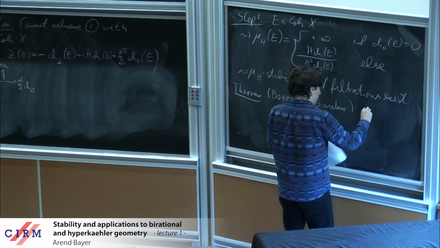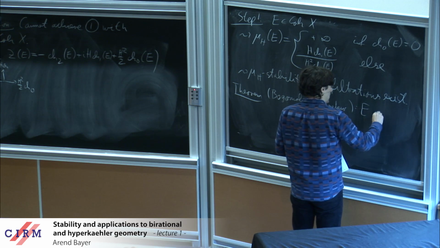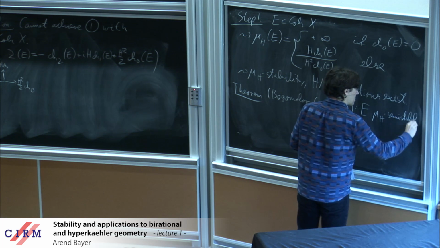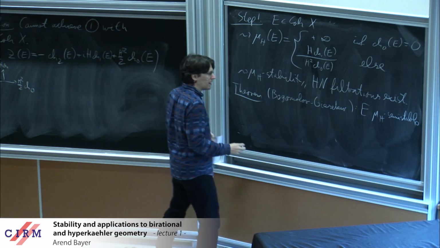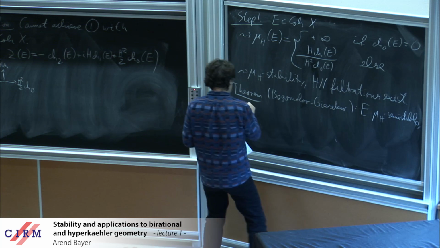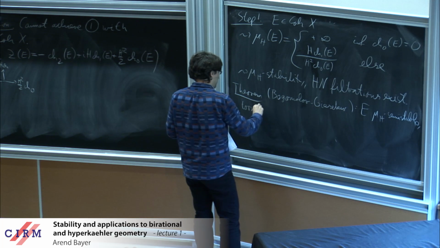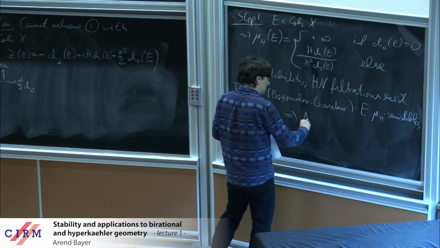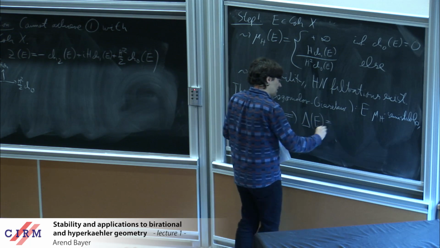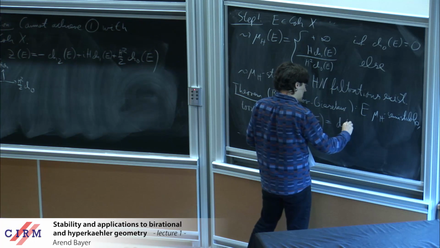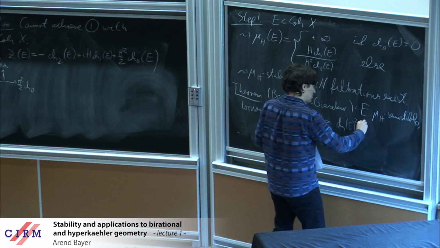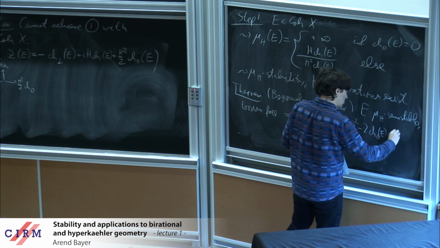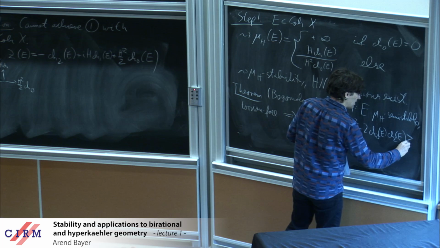So if E is mu_H stable or semi-stable, and I should say torsion free here, then the discriminant of E, which I'll write as Chern 1 of E squared minus 2 Chern 0 of E Chern 2 of E, is greater or equal to 0.